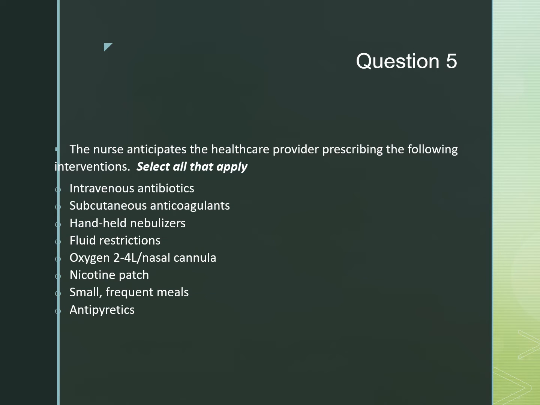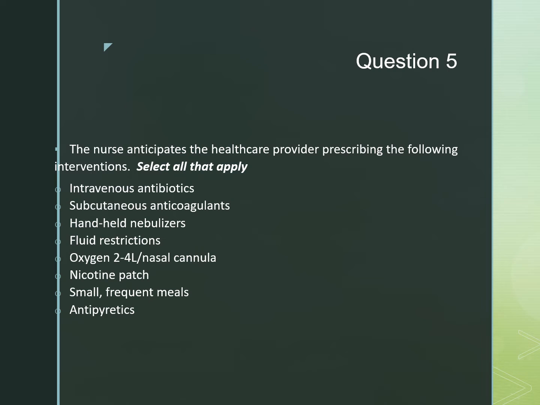Small frequent meals. Yes, we want this client to be taking in enough calories to be able to maintain a body weight, which she was 5'10" and weighed 120 some pounds, which is probably pretty thin.